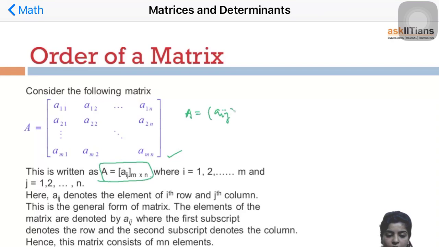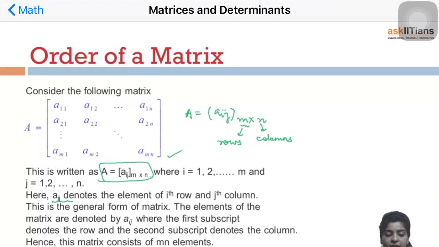You can use either form of bracket, and I am writing m cross n, where this m denotes the number of rows while this n denotes the number of columns. So you just need to remember, when we write Aij m cross n, the first subscript m denotes the number of rows while the second one denotes the number of columns.